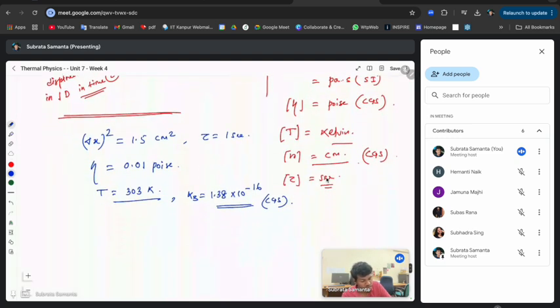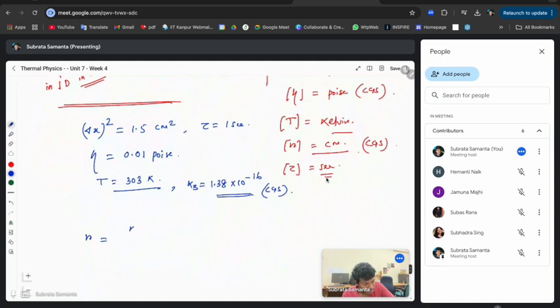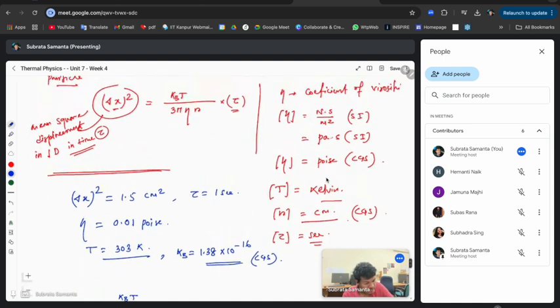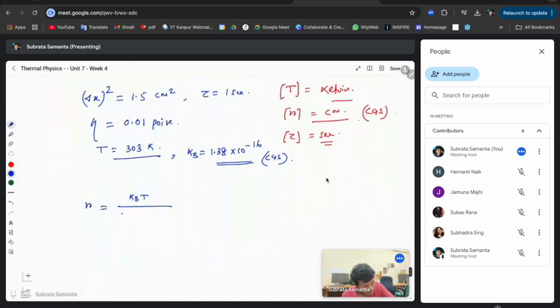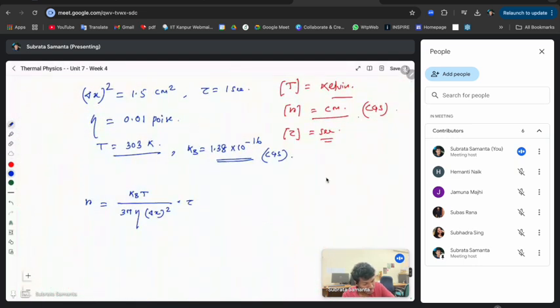So just plugging in these values, r is basically kbT over 3 pi eta delta x square times tau.